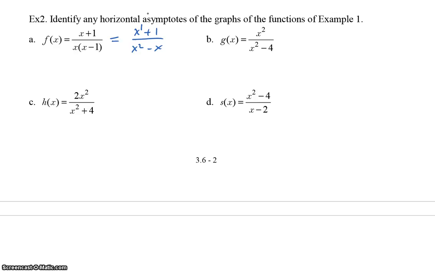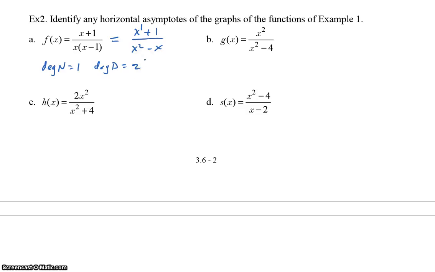So what we see here is the degree of the numerator is 1. The degree of the denominator is 2. So the degree of the numerator is less than that of the denominator.